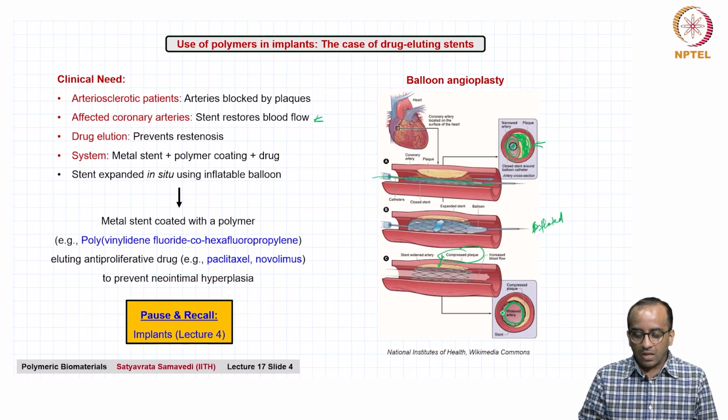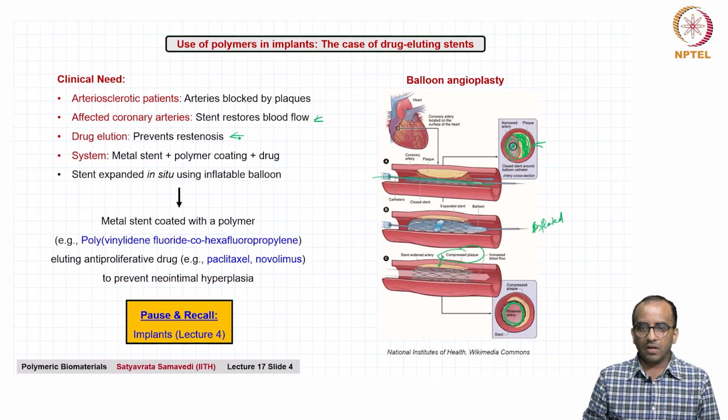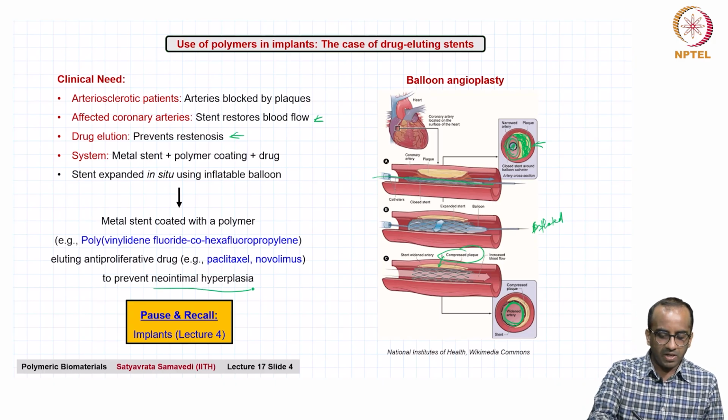Now, one of the problems we have seen earlier is that with time, you can have restenosis, which is closing up of the artery again through a process called neointimal hyperplasia.